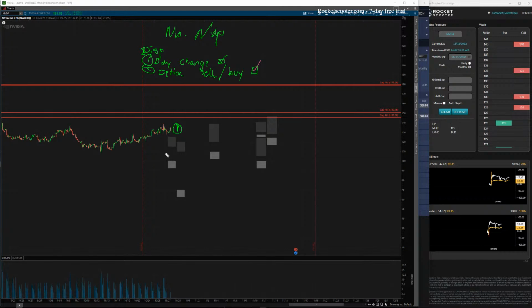So as I can draw, the change goes from here to here. The bias up until this day expires would say that I should be on the short side of options, because it's widening.